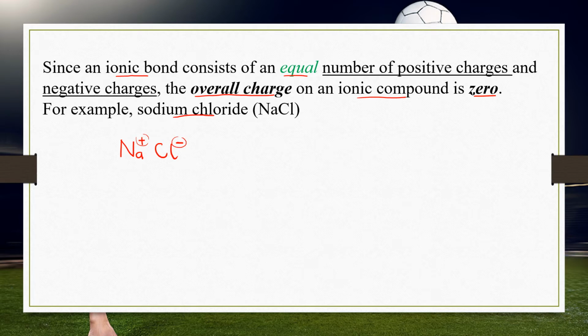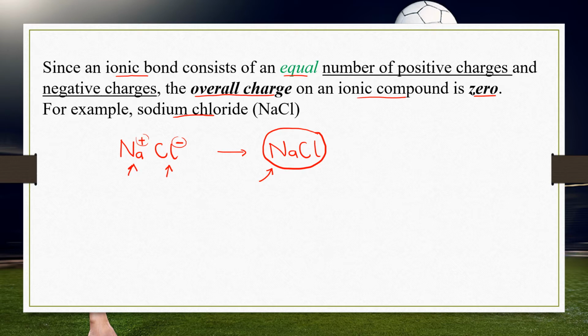However, when these two are together in our compound form, sodium chloride has no charge, so we can write it as NaCl. So the overall charge of this compound is 0, even if the individual ions have different charges. So a compound which is ionic will always have an overall charge of 0.